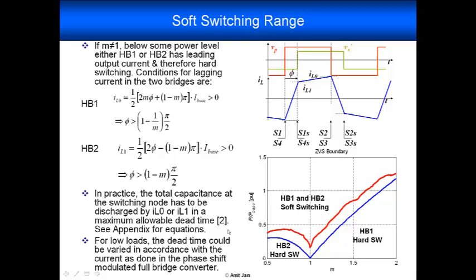Now we said that if we choose the turns ratio of the transformer equal to the nominal voltages on either side of the transformer, then we get soft switching down to zero load.